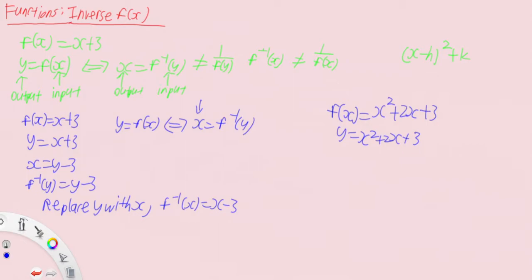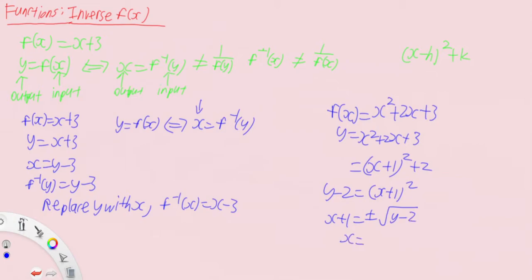So from here, you can either bring 3 over and then complete the square, or otherwise you can complete the square now. In this case, it's quite simple. We have (x + 1)² + 2. We then have y - 2 = (x + 1)². Now we take the square root of each side, but because it's a square, we then have x + 1 = , very important, plus minus root (y - 2).